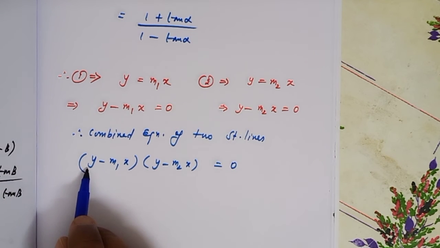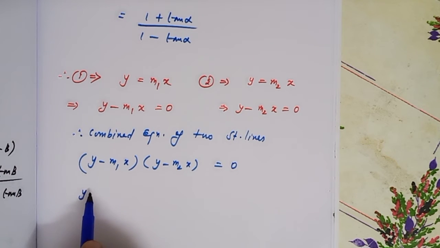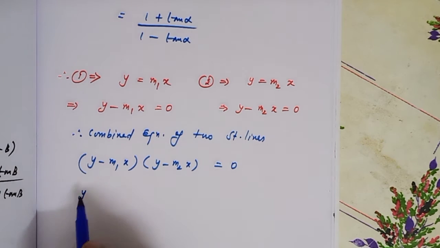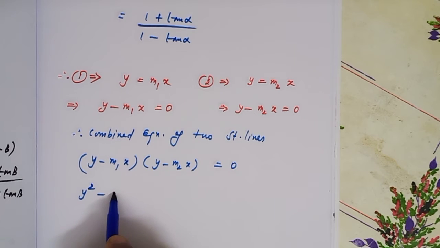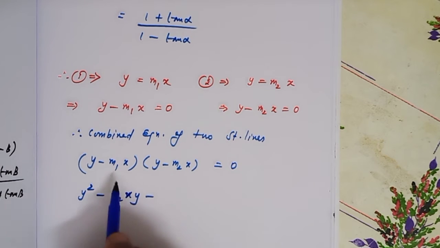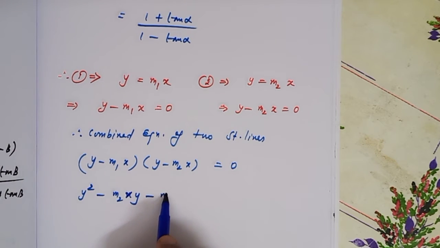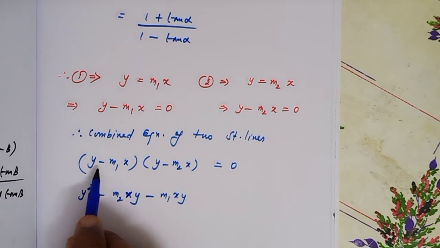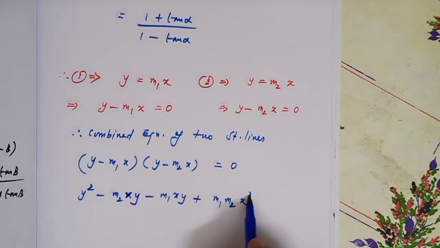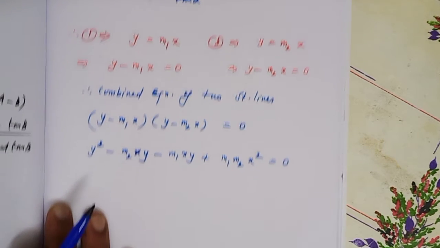Now normal multiplication: y into y is y square, y into m2x is minus m2 into xy, minus m1 into xy, and minus into minus plus m1 into m2 x square, that is equal to 0.